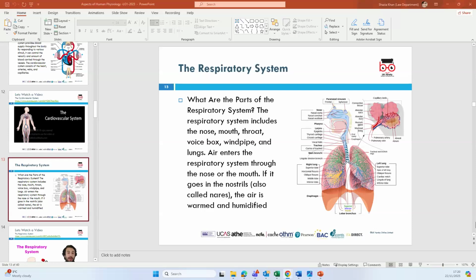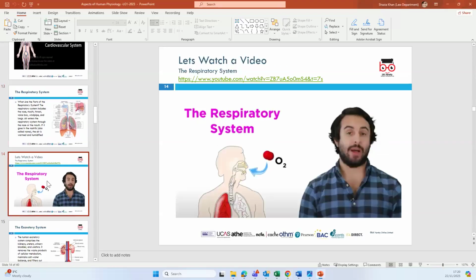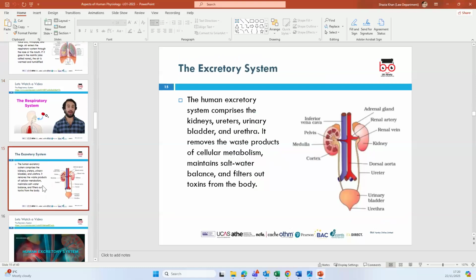Again, there's a video that you can look at in your own time on how the respiratory system works, what it includes, like the mouth, the nose, and how the air has to go through your nose or your mouth, where it is warmed and filtered, and how it moves through the system. So the respiratory system, again, is really important.